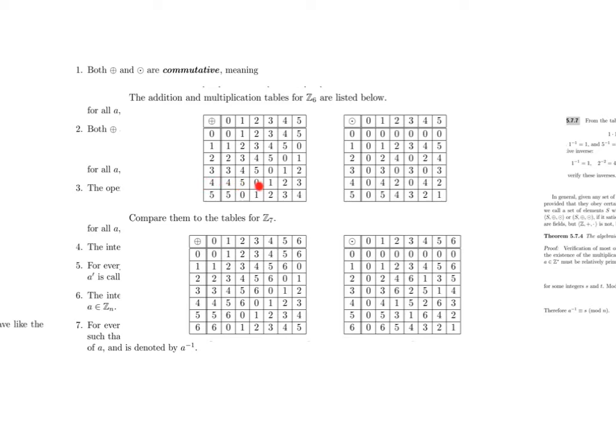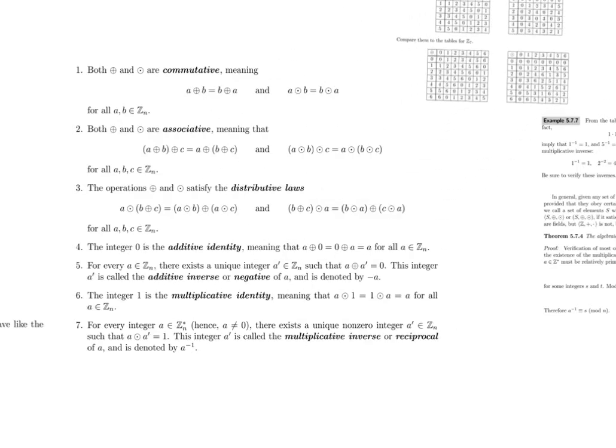Well, I need to find the number that I add to 4 to get 0, so that's 2. 2 is the additive inverse of 4. Usually in the real number world we say the additive inverse of 4 is negative 4, but there's no such thing as negative 4. We're only limited to 0 through 5 because we're in the Z mod 6 world. So that's additive inverse.